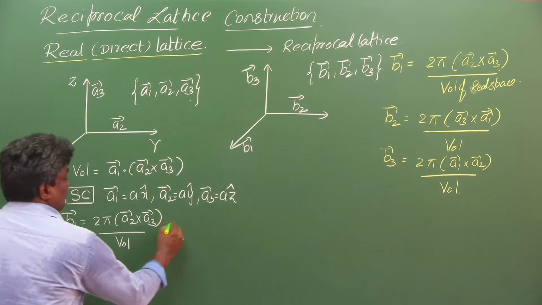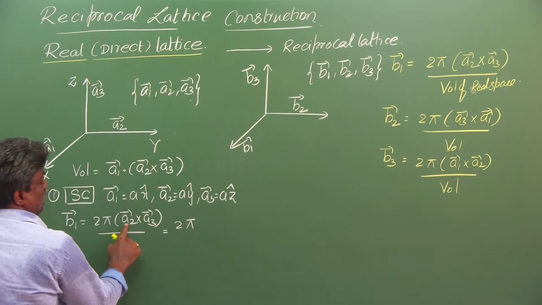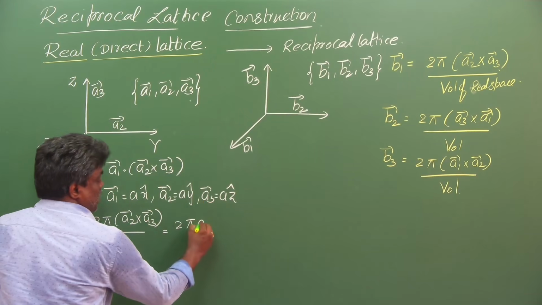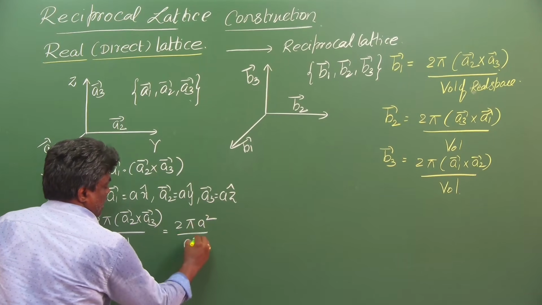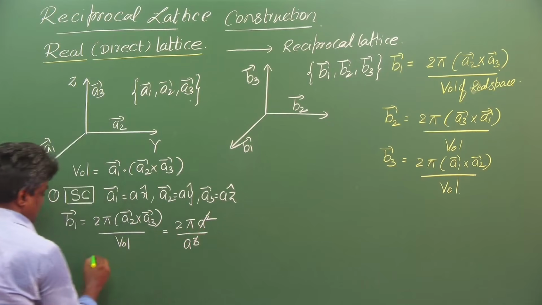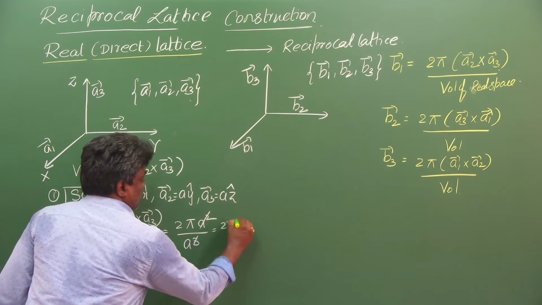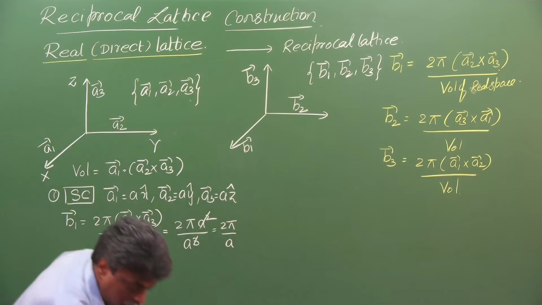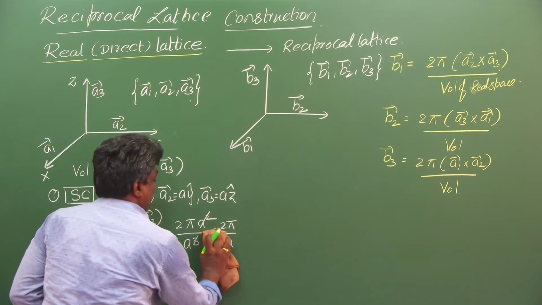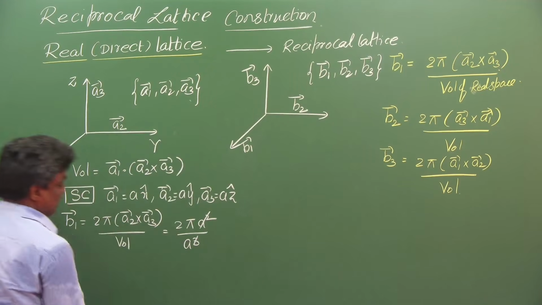Okay, good. So 2 pi, A2 into A3, how much? By A square, and this cancels.